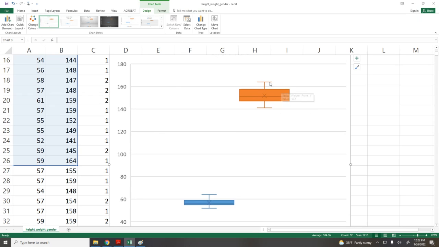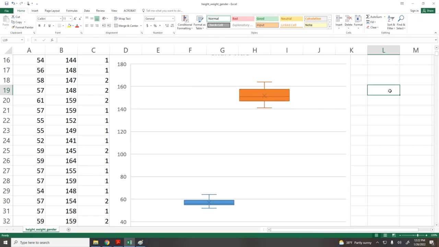Q3 is 157.5. Q4, our maximum, is 164. That's what we know. And 151.72 is the mean, okay, in that case. All right, so that's a very slight difference. Okay, so that's fine. All right, so that's it.